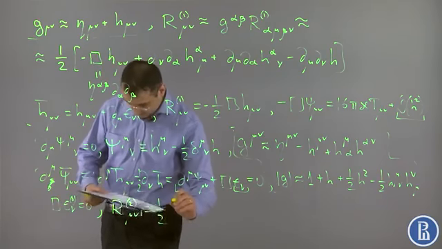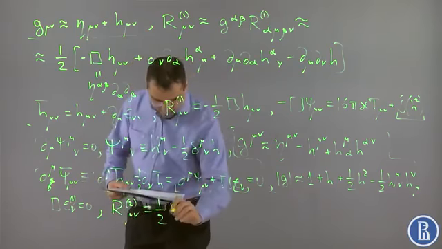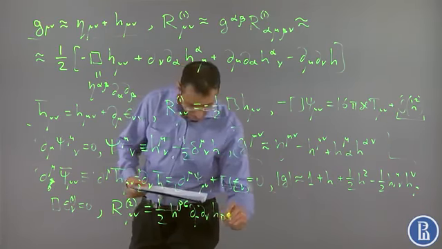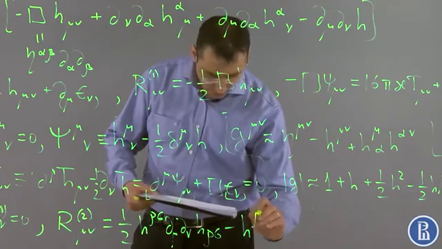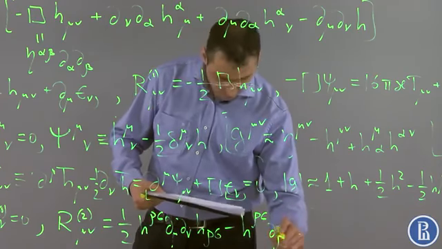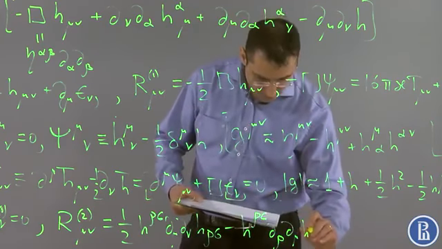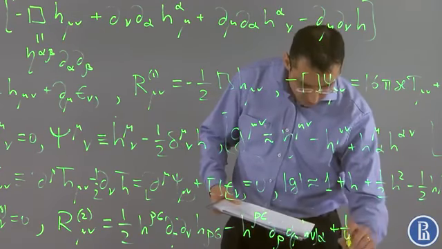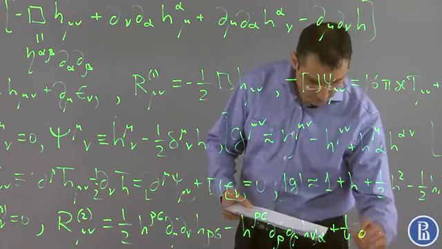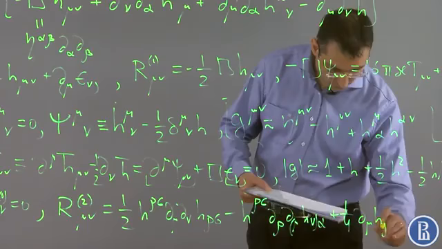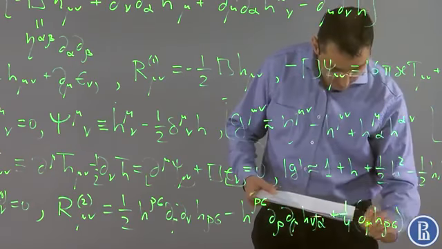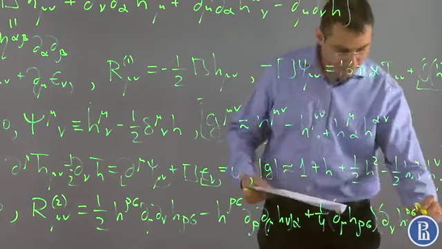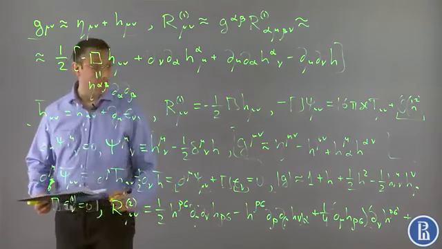It's 1/2 h^rho sigma d_mu d_nu h_rho sigma minus h^rho sigma d_rho d_mu h_nu alpha, symmetrized over the indices mu and nu, plus 1/4 of d_mu h^rho sigma d_nu h_rho sigma, plus remaining terms are also quite tedious.